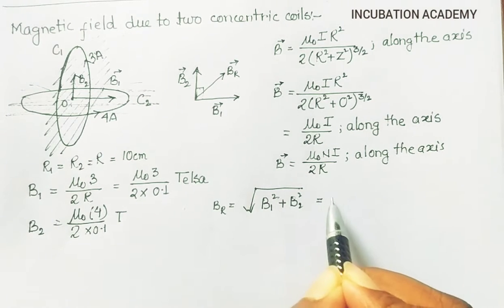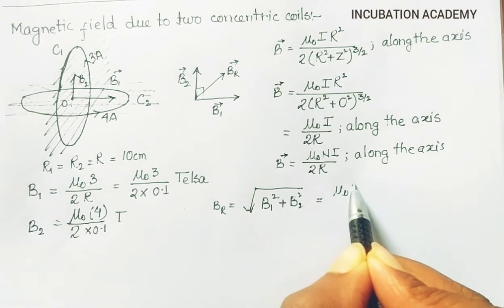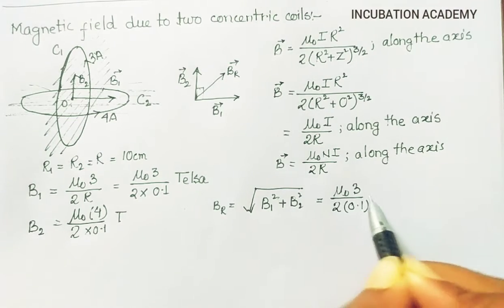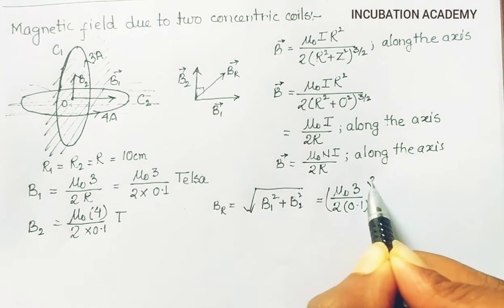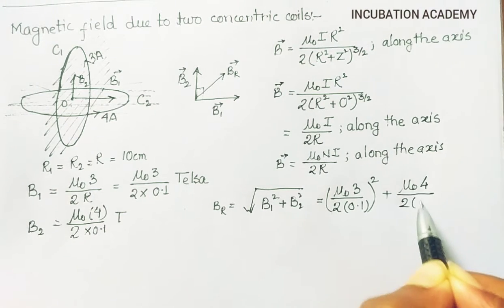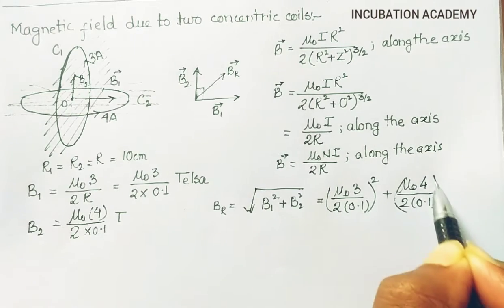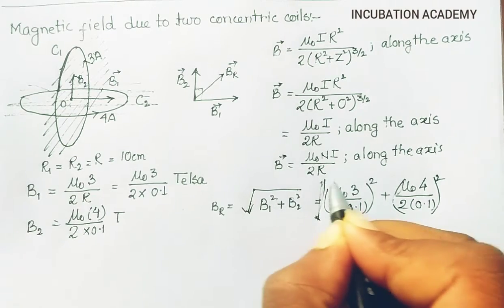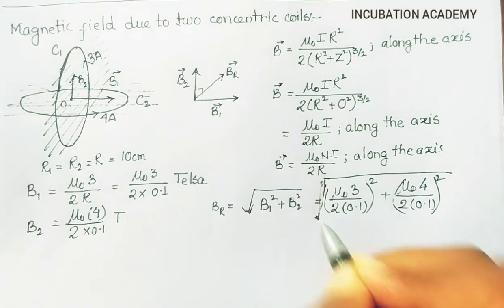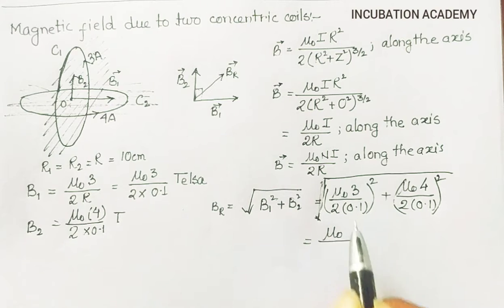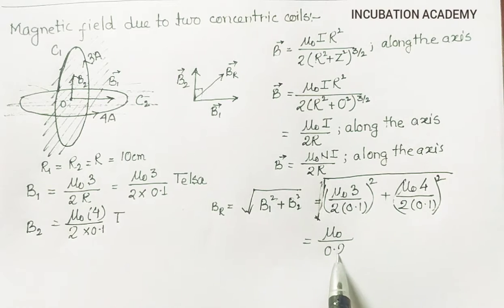So putting in the values, it is root over of (mu naught into 3 divided by 2 into 0.1) square plus (mu naught into 4 divided by 2 into 0.1) square. Mu naught divided by 2 into 0.1 can be taken outside the square root, which gives 0.2.